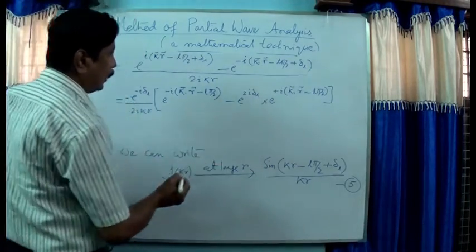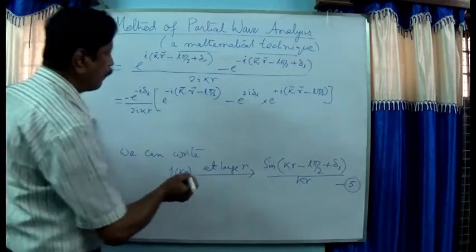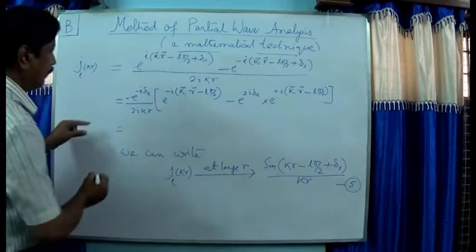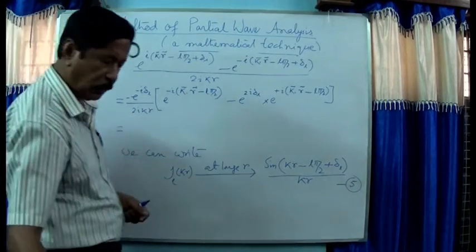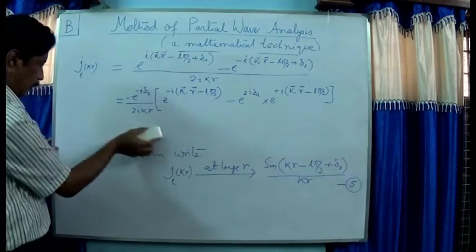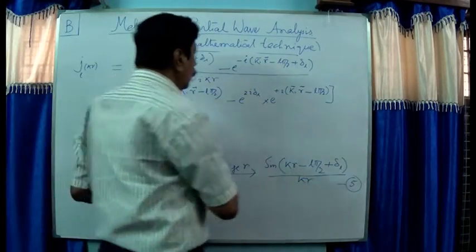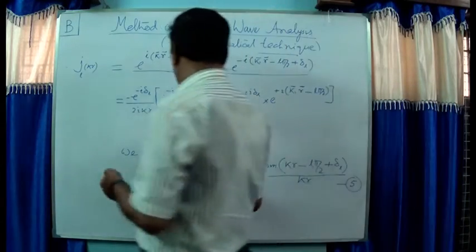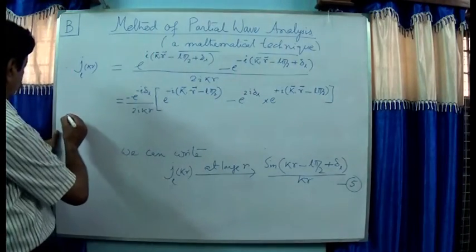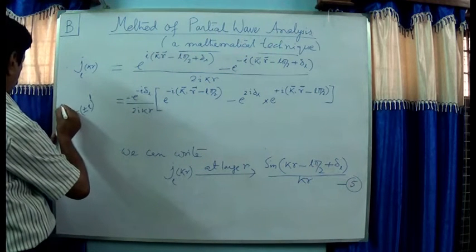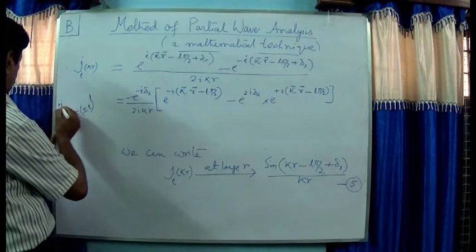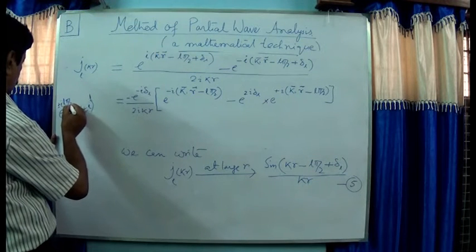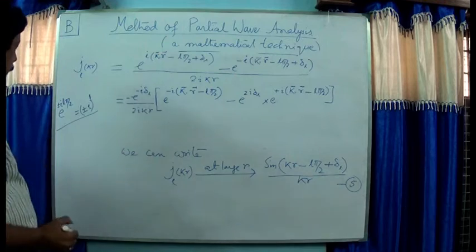Now this e to the power 2iδ can be written also in a different form. Okay, before going to that, we all know e to the power plus minus iLπ/2 means this.